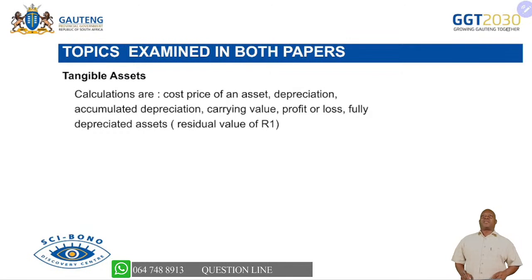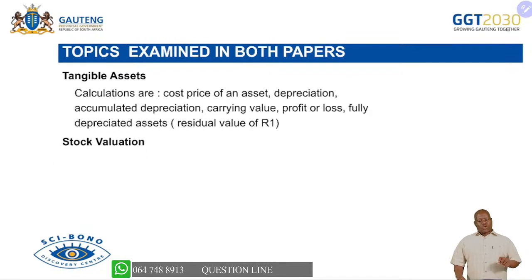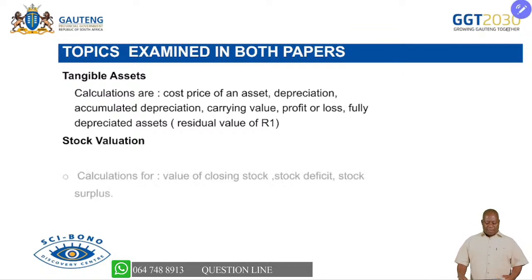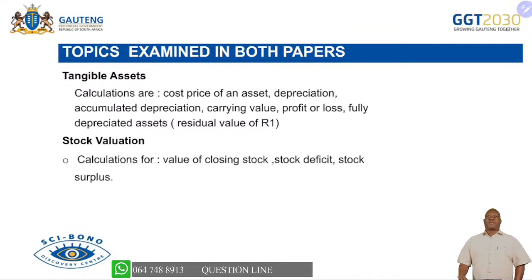You still remember the issue of R1 residual value. And then the other topic that covers both paper 1 and paper 2 is stock valuation. Now, remember, when it comes to stock valuation, our intended goal is to have the closing stock.